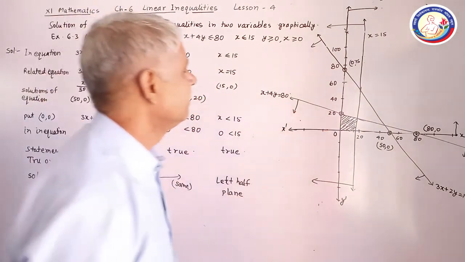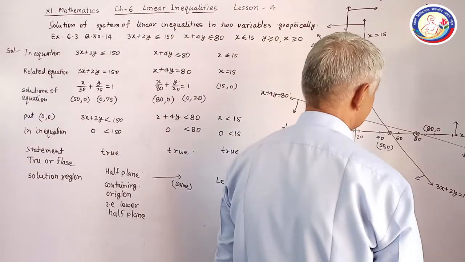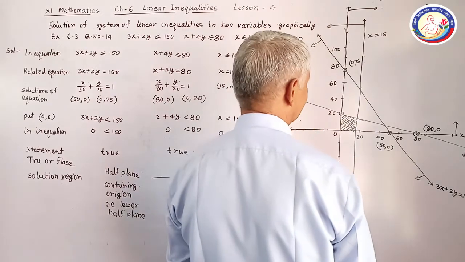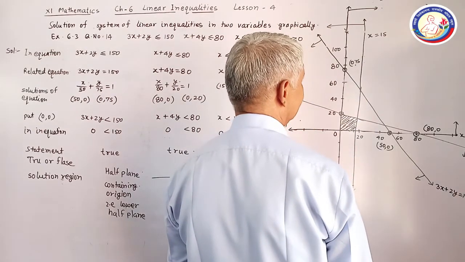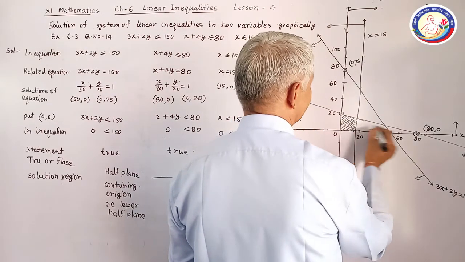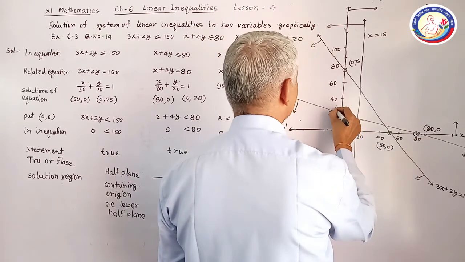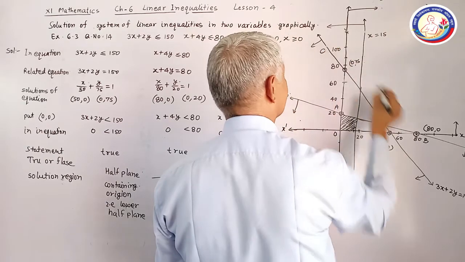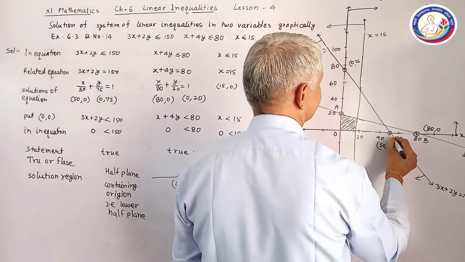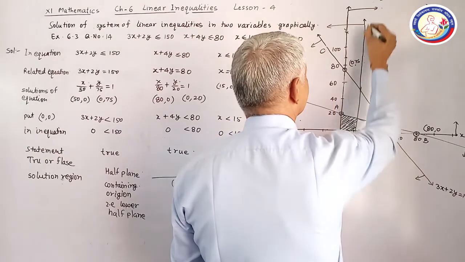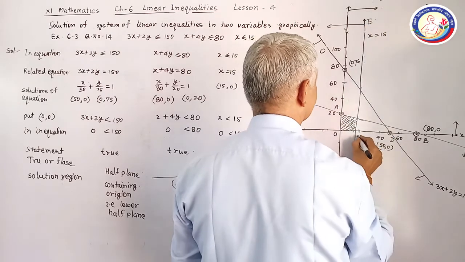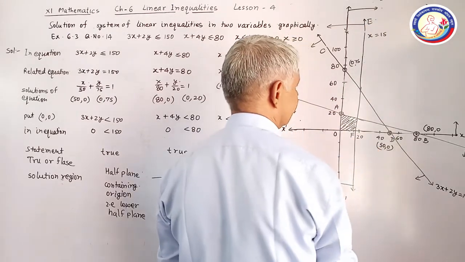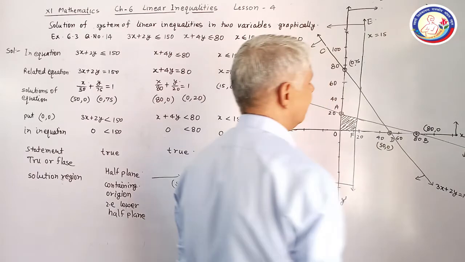We can use alphabets to give the points here. Say this is AB, this is CD, this is EF, say, and the x-axis and y-axis are already there.